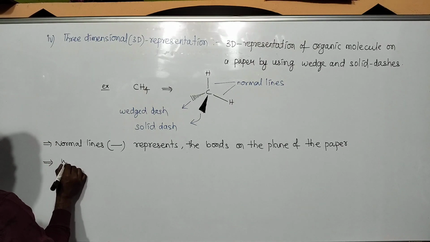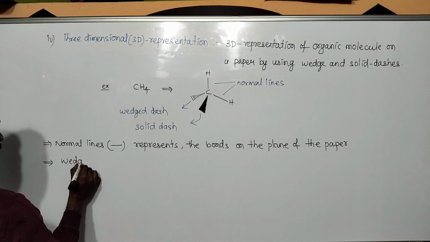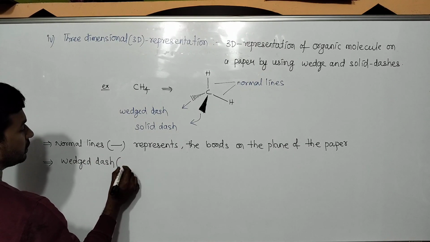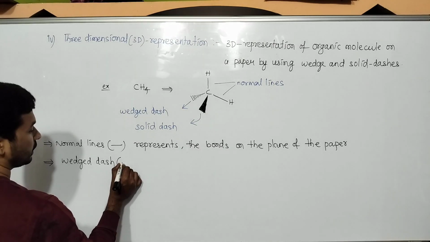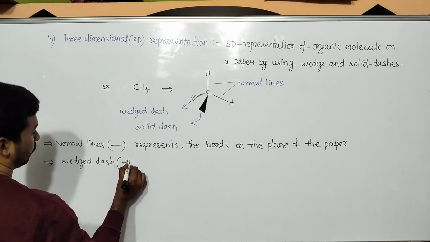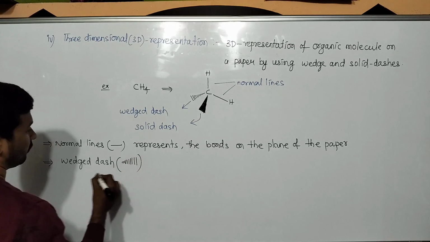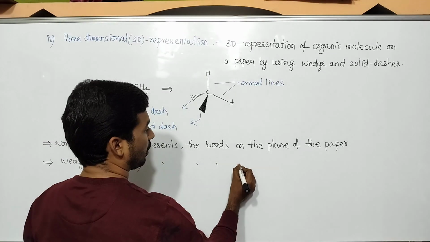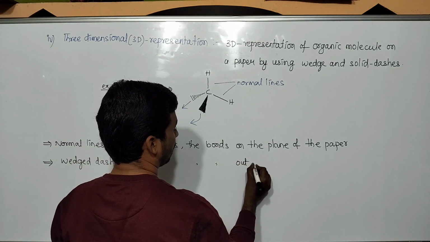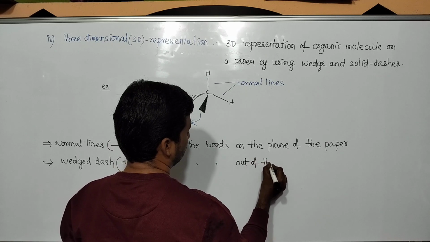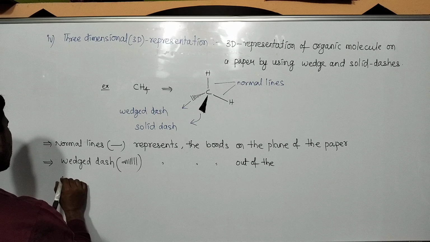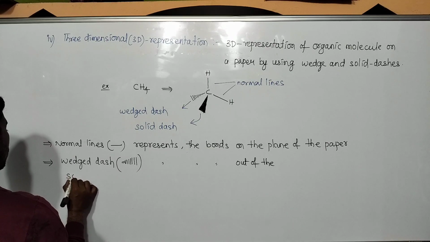So next, the wedged dash. Wedged dash is represented like this. Wedged dash represents the bonds out of the plane. Not only the wedged dash, even the solid dash also.